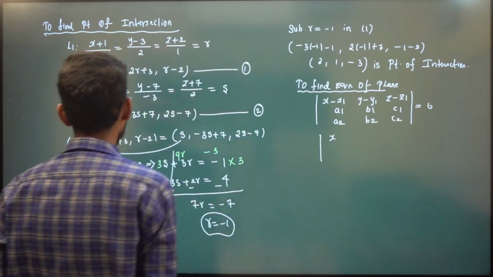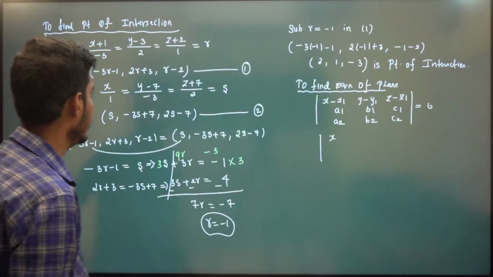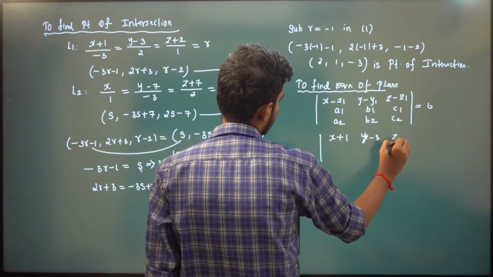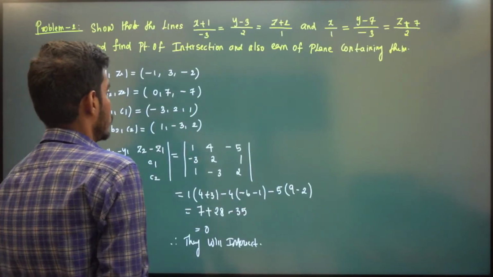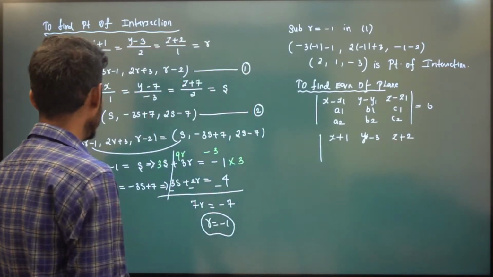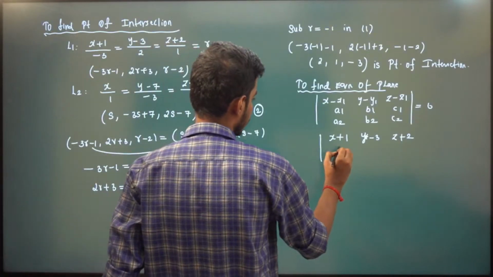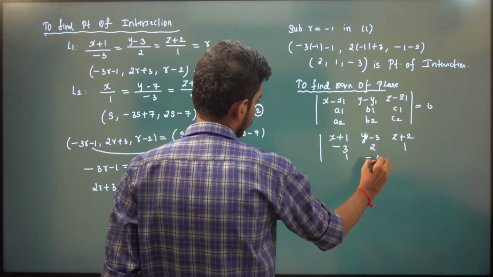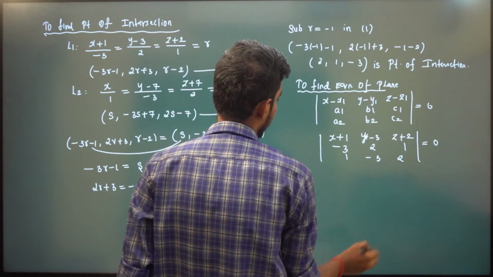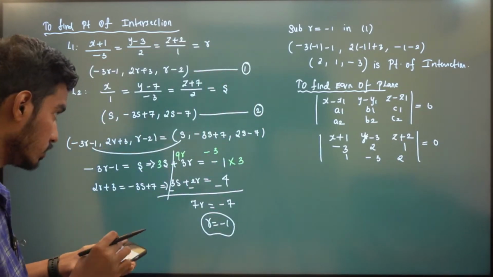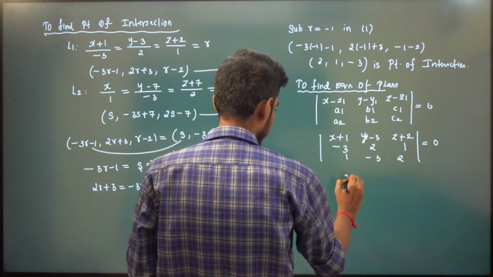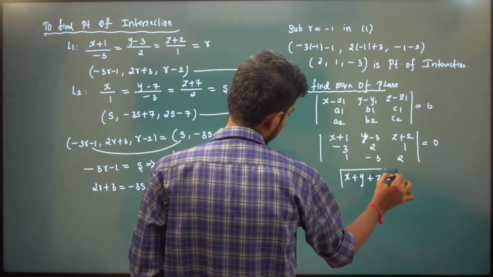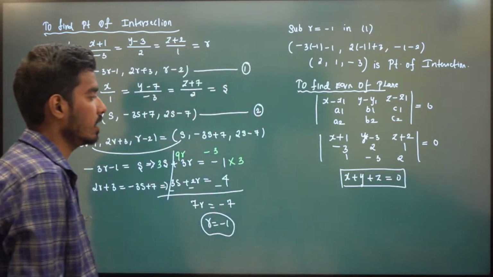So x1, y1, z1 we already know: minus 1, 3, minus 2. a1, b1, c1: minus 3, 2, 1. a2, b2, c2: 1, minus 3, 2. You just expand this, you will get the answer, right? It will be x plus y plus z is equal to 0. This is the equation of the plane in which they lie.